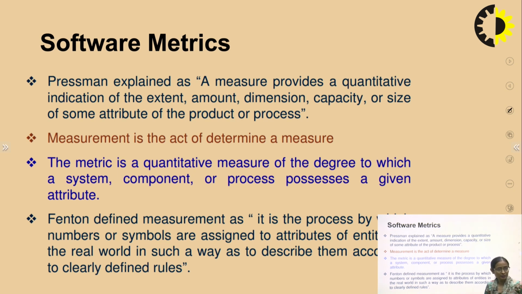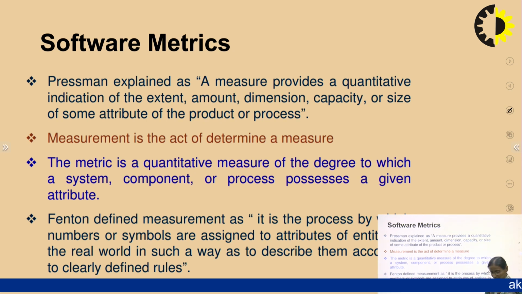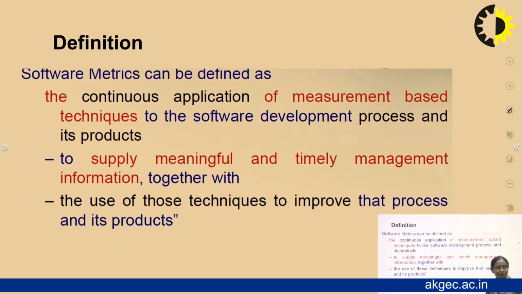According to Fenton, measurement is a process by which numbers or symbols are assigned to attributes of entities in the real world in such a way as to describe them according to clearly defined rules. So we have multiple definitions available for the measurement part.